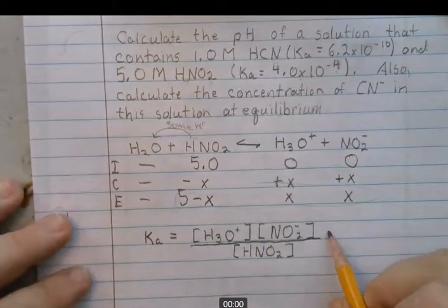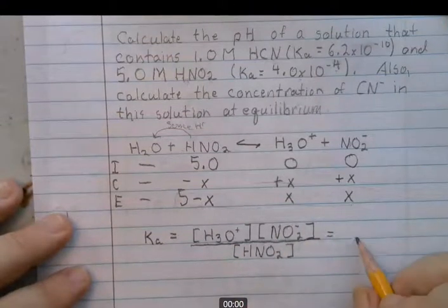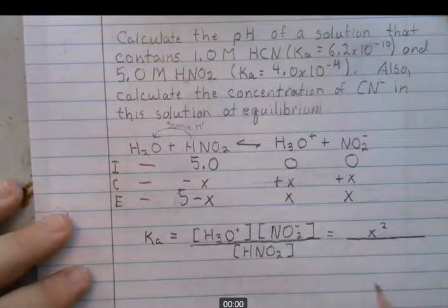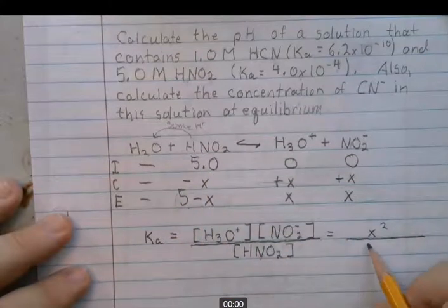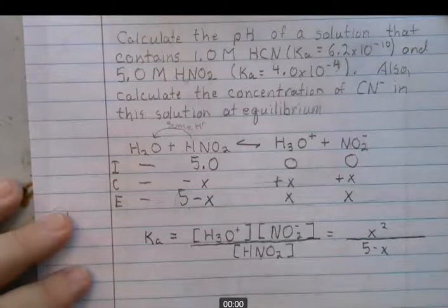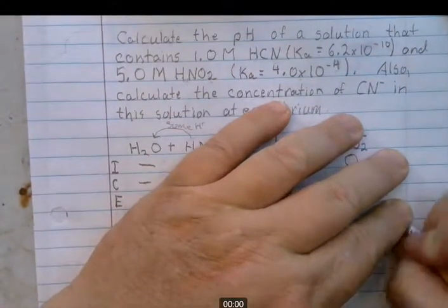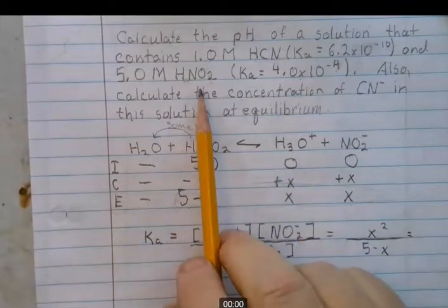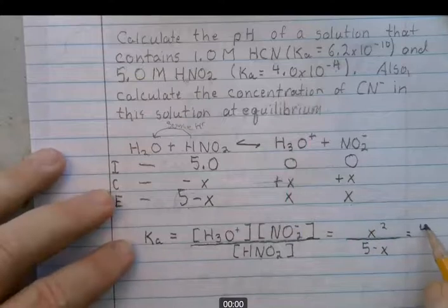Okay, let's come over here and just plug things in. So we have X times X, so we're going to call it X squared just like we did in the last problem. And this is 5 minus X. That's the concentration of the nitrous acid. Again, we're going to make the small variable assumption. And what's that going to equal? They gave us for the nitrous acid 4 times 10 to the minus 4 for the Ka.